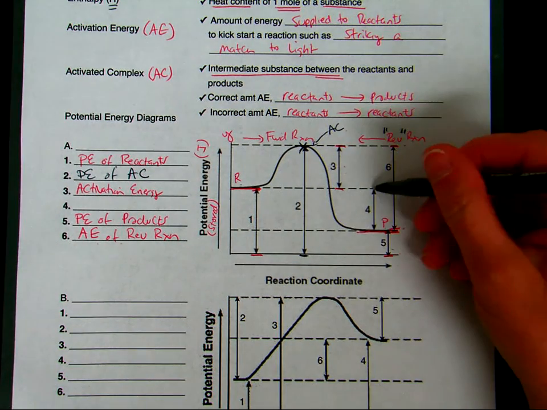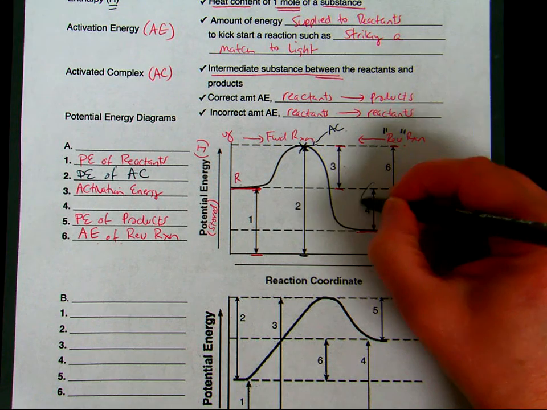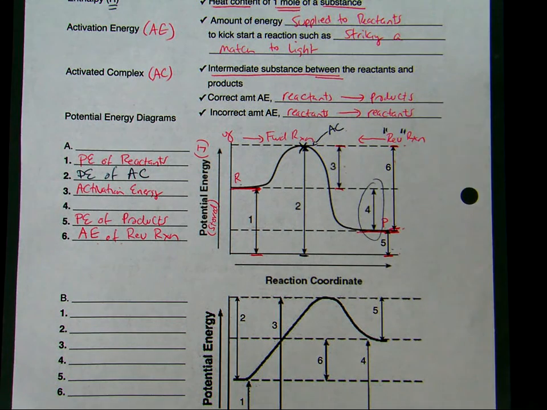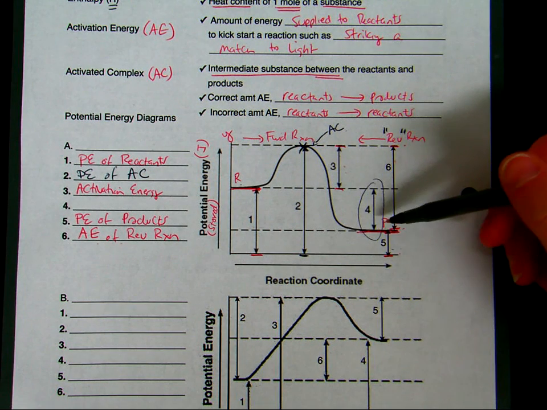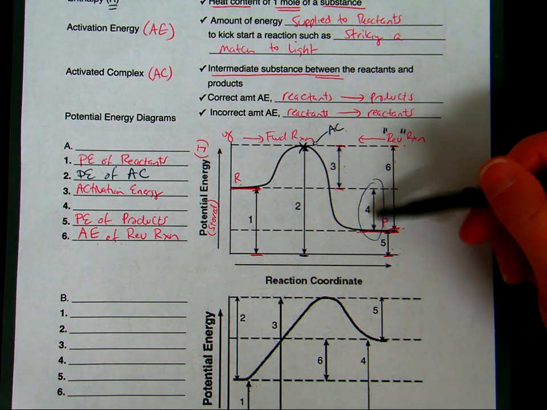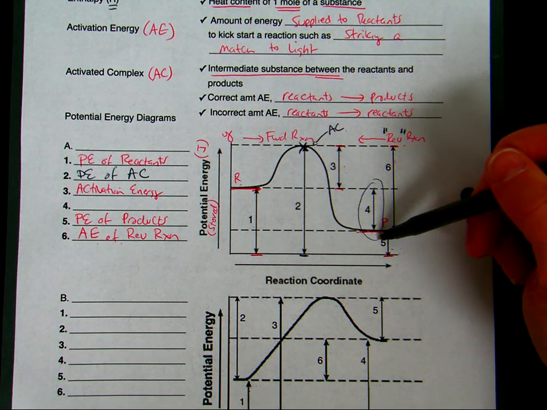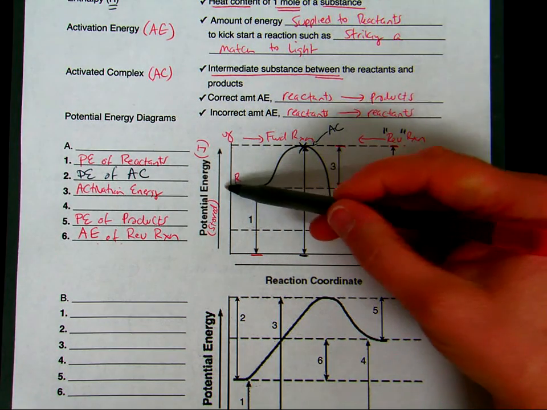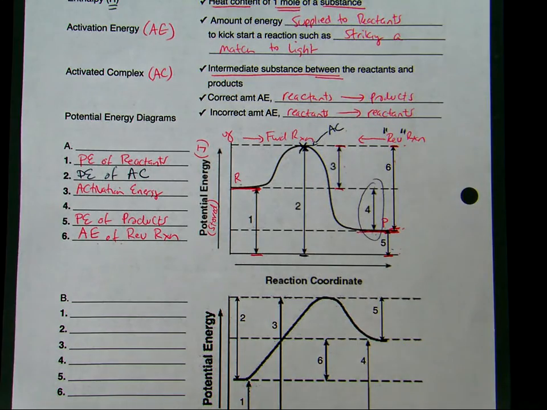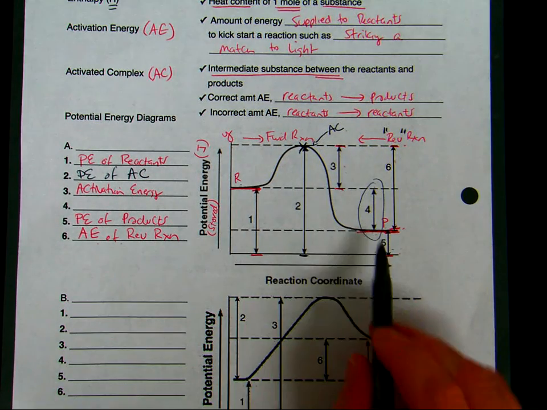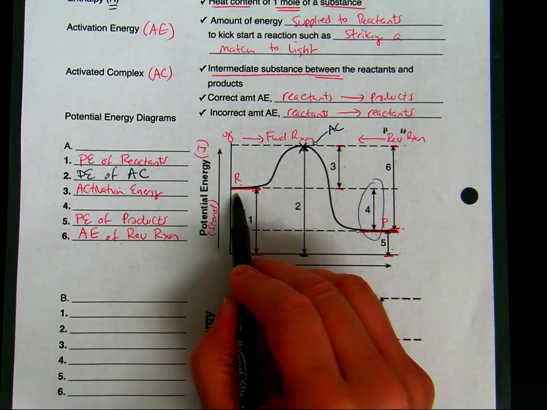Now we have one more arrow, and this is a really important arrow. We see that it specifically goes between the reactants platform and the products platform. So the PE of the reactants compared to the PE of the products. So that means that we have our final PE compared to our initial PE.